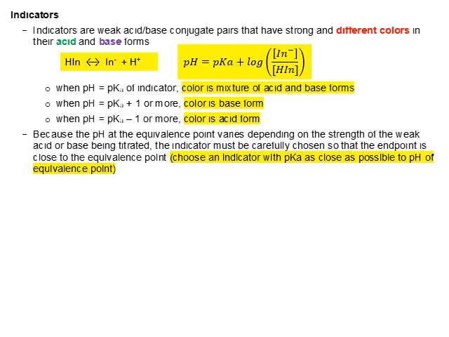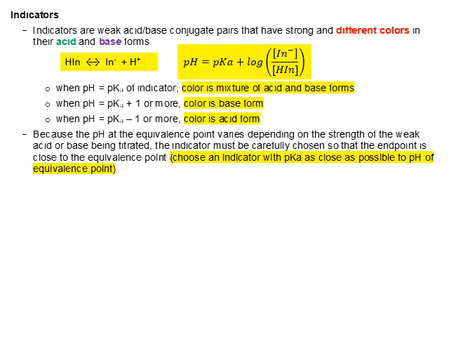When the pH is larger than the pKa by at least 1 pH unit, the amount of the base form is so much larger than the amount of the acid form that the color shows only the base form. On the other hand, if the pH is more than 1 unit below the pKa, the indicator will be predominantly in its acid form, and the color of the solution will reflect that.